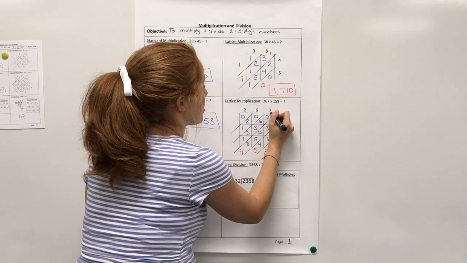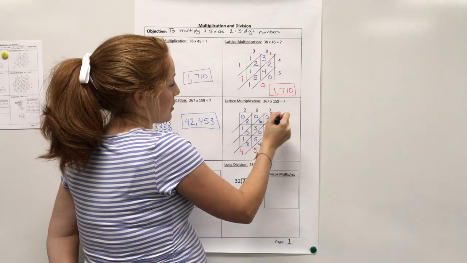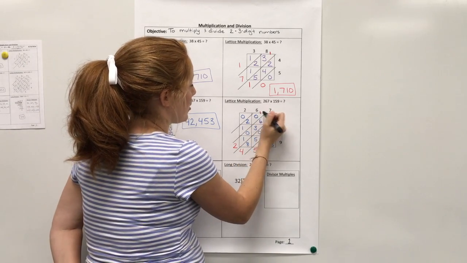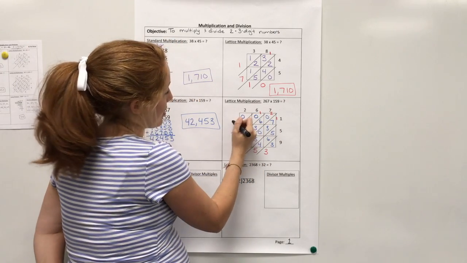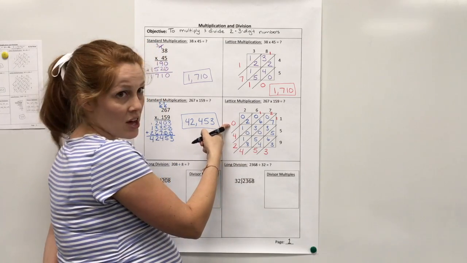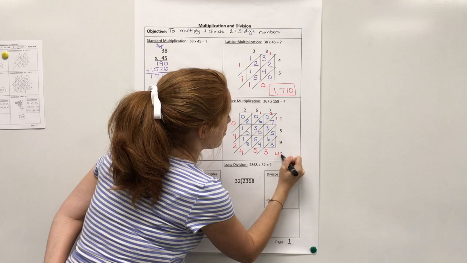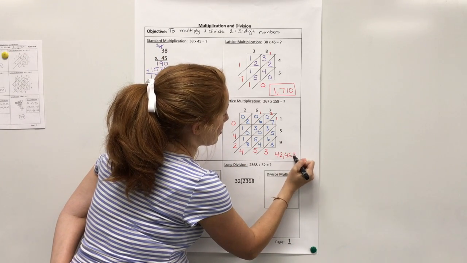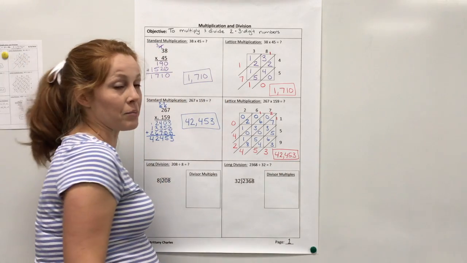Carry the 2 to the next diagonal. 6, 7, 8, 9, 10, 11, 12. Carry the 1. 1, 2, 3, 4. And that's just a 0, so really I can leave that off. So my answer is 42,453. And you can see that it's the same as what I had previously gotten.